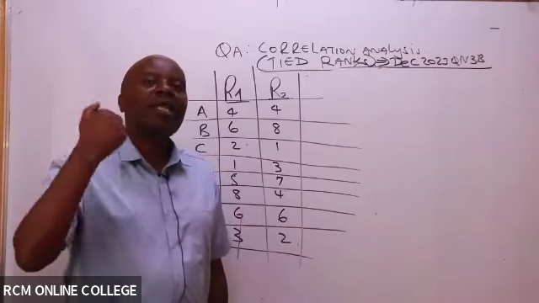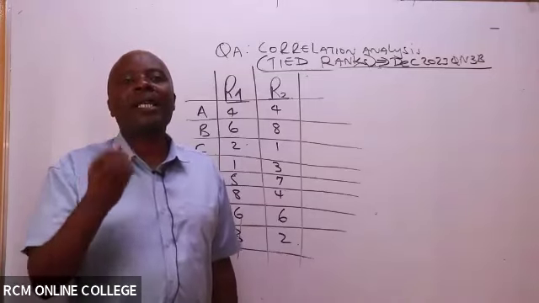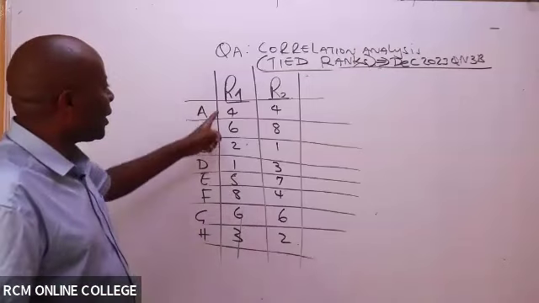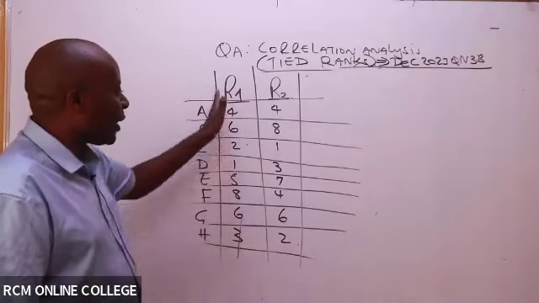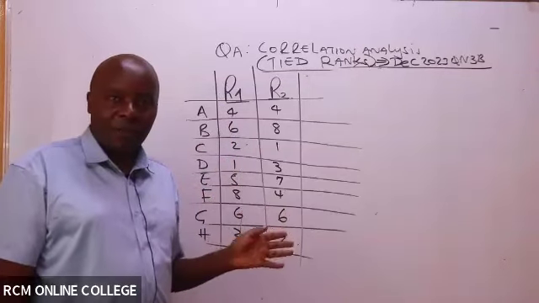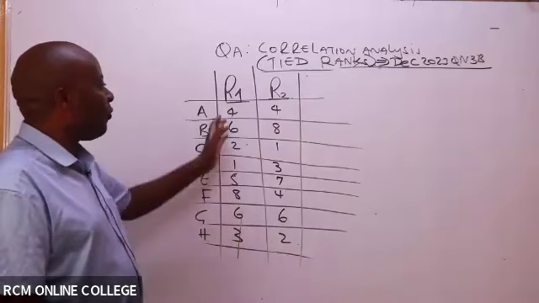This is the Spearman's with ranks. And fortunately, you can see this gentleman has given us ranks. We can see number 1, 2. These are ranks. So we are not required to do our rankings ourselves. Here what we are required to do is just to check for tied ranks.